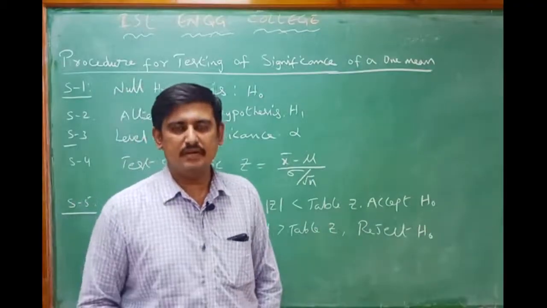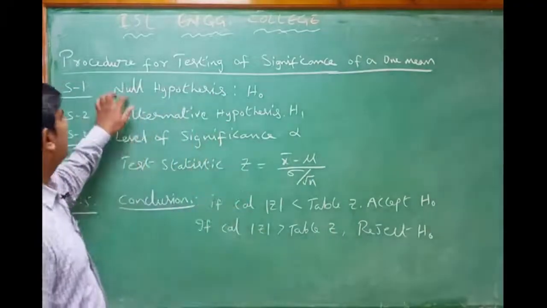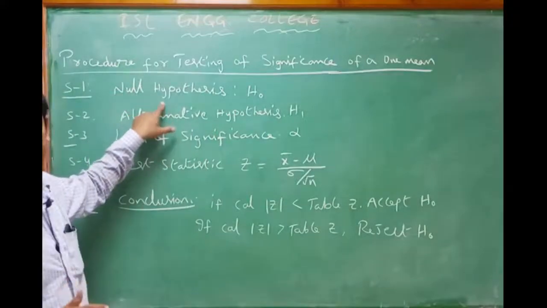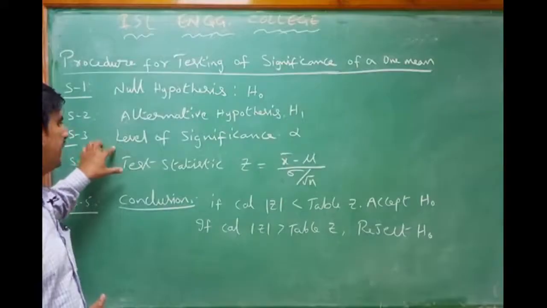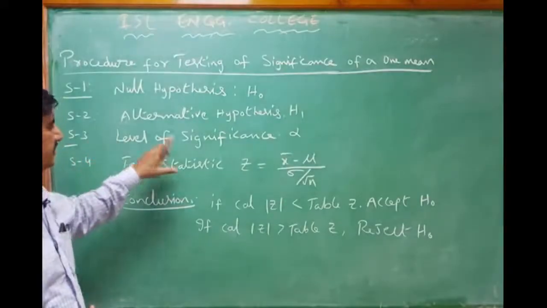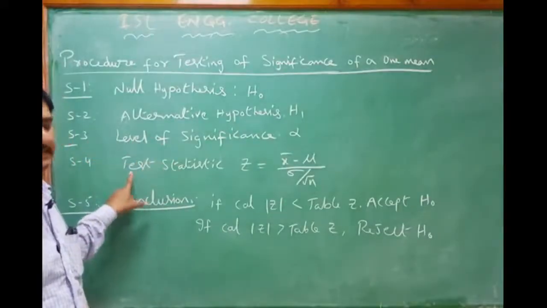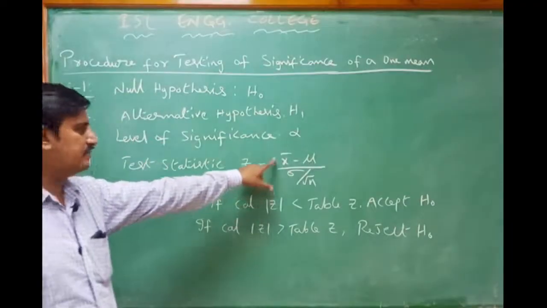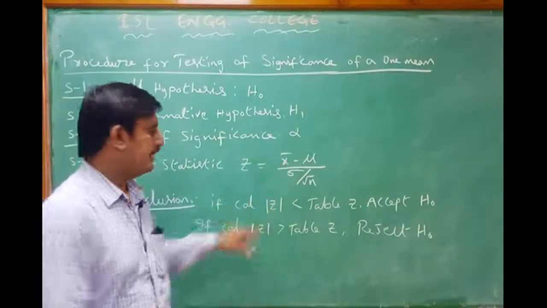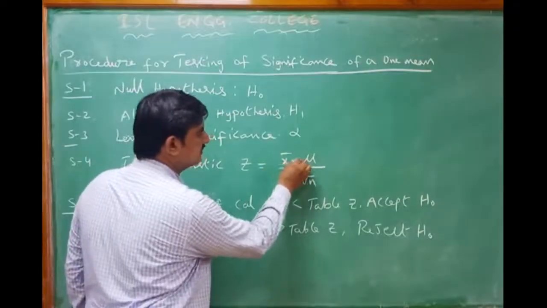Okay, so this is the working rule. First, you need to set the null hypothesis, then the alternative hypothesis, then take the level of significance alpha, then calculate the test statistic z using the formula z is equal to x bar minus mu by sigma by root n. This is for single mean.